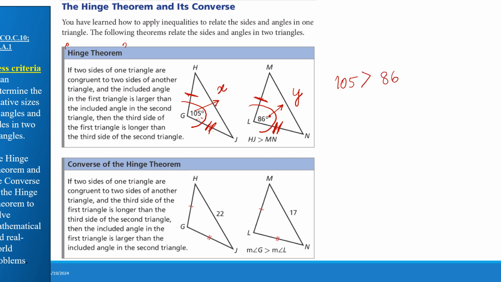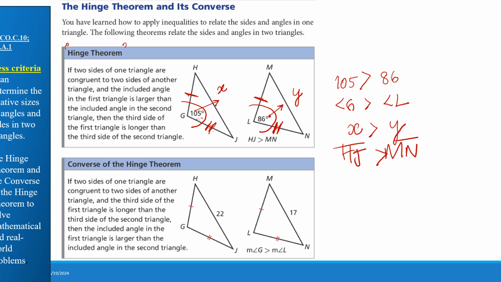Of course 105 is bigger, right? It means angle G is bigger than angle L. So if this is the condition, then the opposite side x is bigger than y. Which means you can say that HJ is bigger than MN.